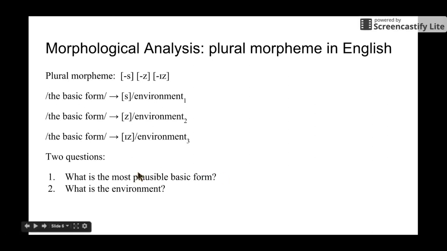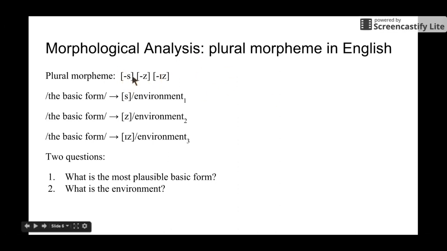Actually, there are two questions to ask right away when we try to do this analysis. The first one is, what is the most plausible basic form? And what is the environment? Actually, these two questions are related. For the basic form, we have three candidates here. It could be this one, this one, this one, or some other form.